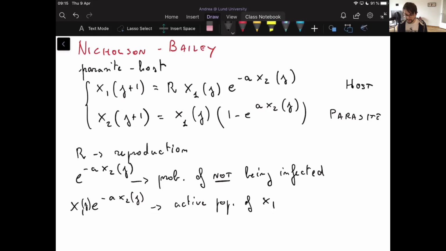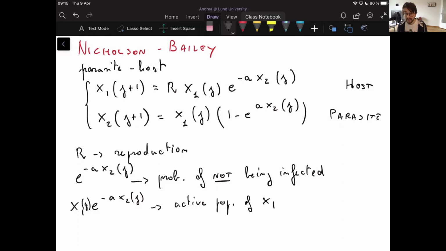So therefore, this is a simple exponential model for the host. So the host can continue to reproduce to infinity, and it's only limited by the interaction with the parasite. And the parasite, on the other hand, can be alive as long as it has a host to infect. If it does not have any host, then the parasite cannot be alive.